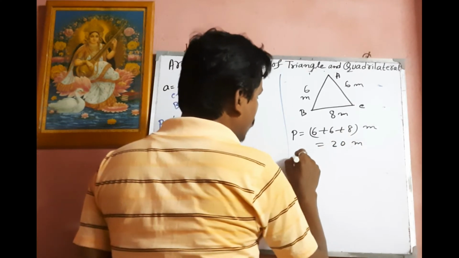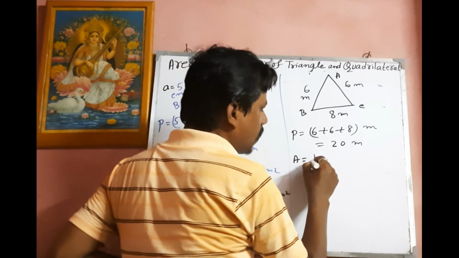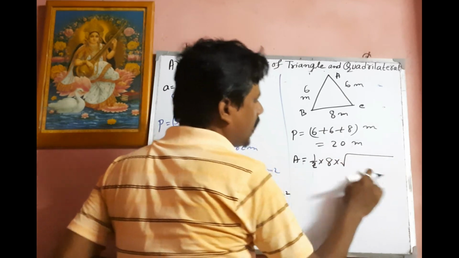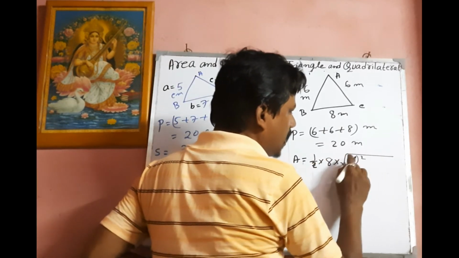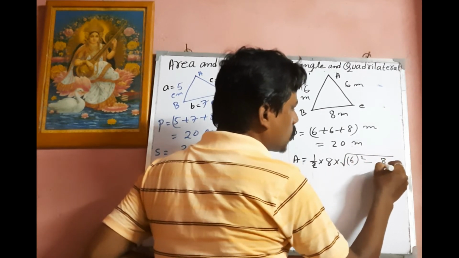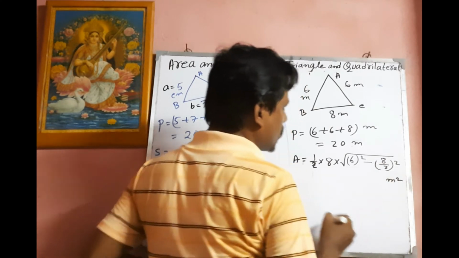Now the area of the given triangle will be half into the unequal side, which is 8, multiplied with root under the equal side, that is 6 square minus base by 2 whole square, and the unit is meter square.